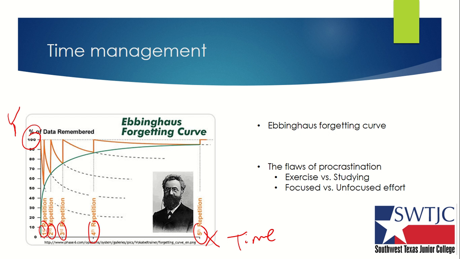Which is true if it was just one sentence. But obviously, this course, a science course, is not just one sentence. It's many, many sentences, many data points, many amounts of information that you actually have to retain.